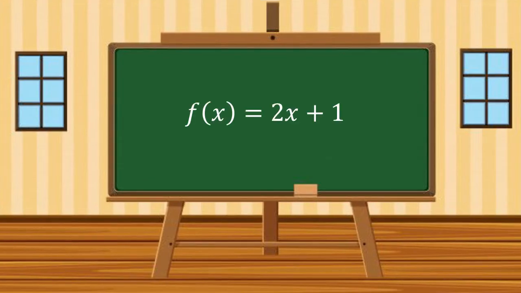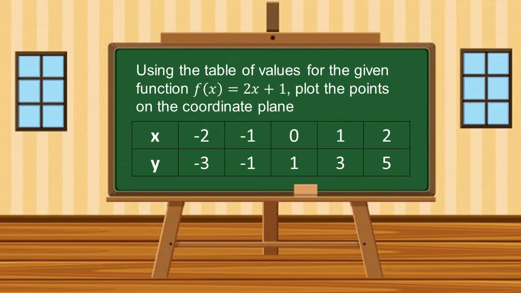Now, let us graph the given function f of x equals 2x plus 1 and its inverse. On your paper, using the table of values for the given function f of x equals 2x plus 1, plot the points on the coordinate plane. The table is shown on the screen.